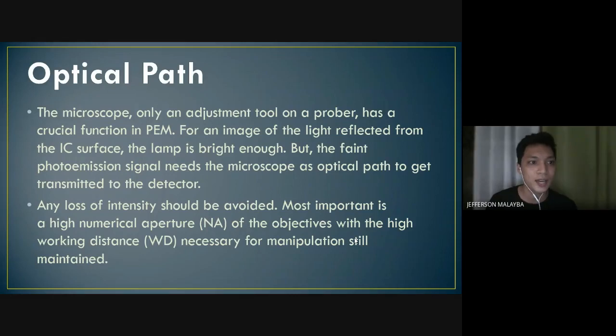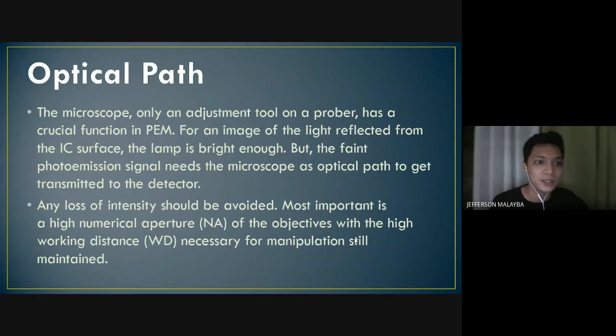So yung kailangan, yung optical path niya walang obstruction, at the same time dapat yung light source natin hindi ganun kalakas, kasi kung mas magiging malakas yung light source natin compared sa ide-detect natin, which is yung photon emission, kumbaga hindi natin makikita yun, hindi natin made-detect yung pinaka objective natin using the PEM technique.